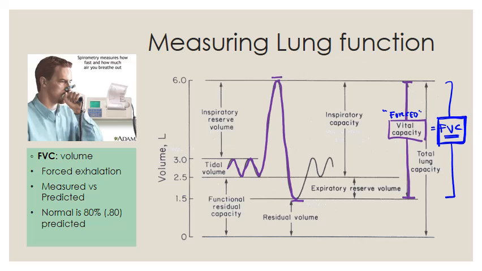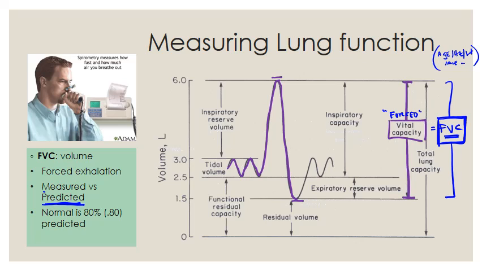Well, the answer is that we can use age, height, weight, race, and all of the other determinants of lung volume, and we can actually plug them into a calculator, and we can get what's called a predicted forced vital capacity number.